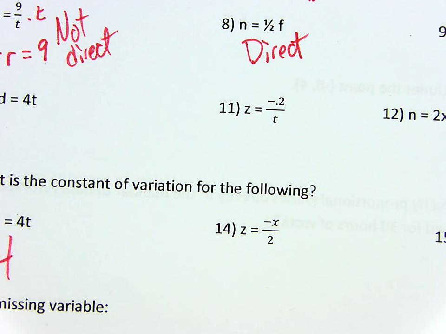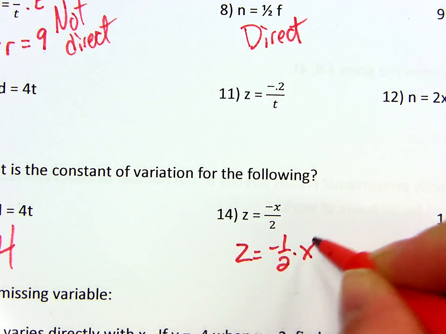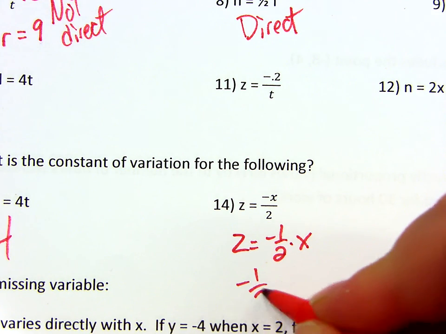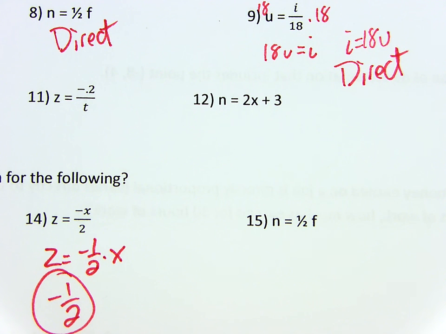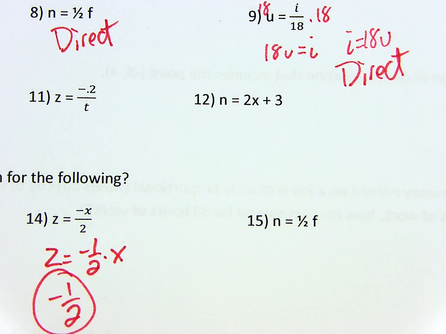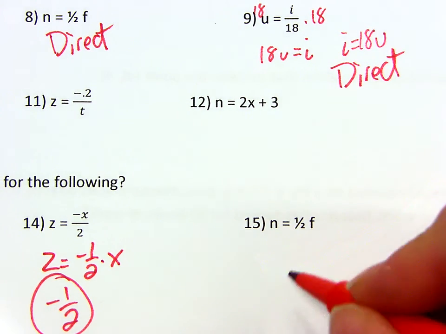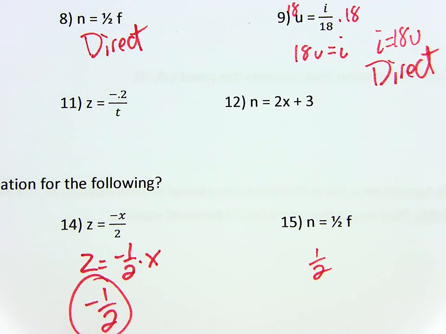If you rewrote this as y equals some number times x, what would that number be? You're really close. Negative half, right? So couldn't I rewrite this as y equals negative half times x?